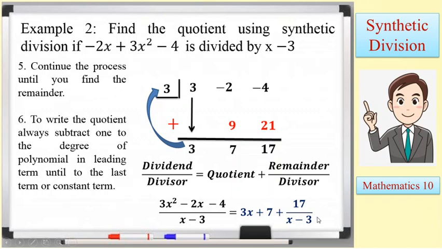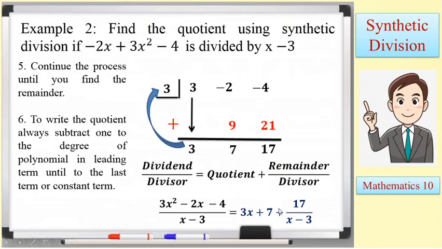Okay? But another additional information, kapag ang remainder ninyo ay negative, like for example is negative 17, hindi pwedeng baguhin yung operation natin na plus kasi yan talaga yung form in writing for the final answer.